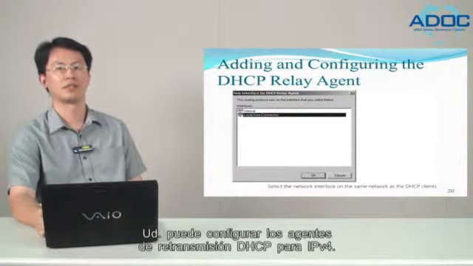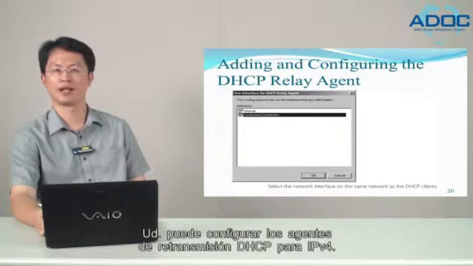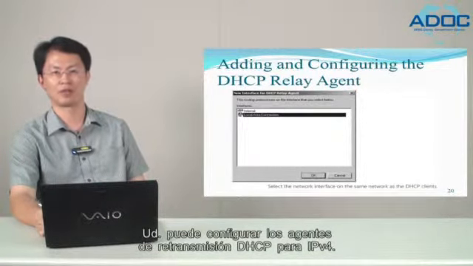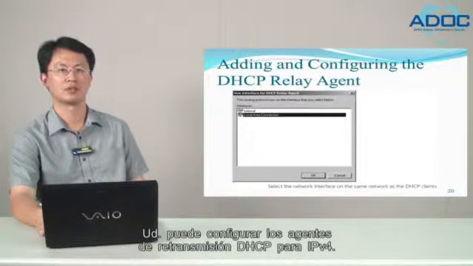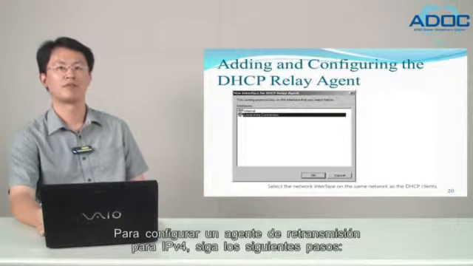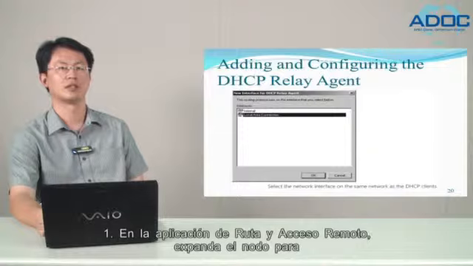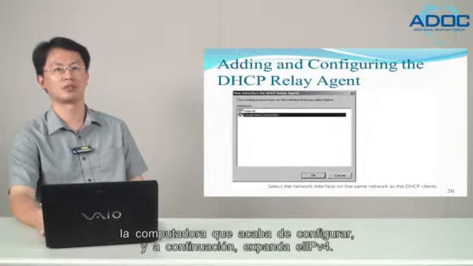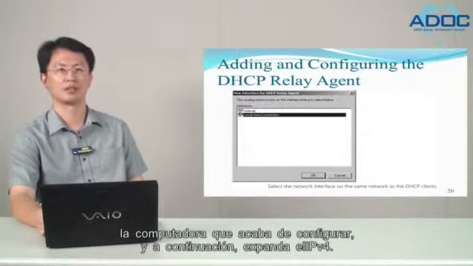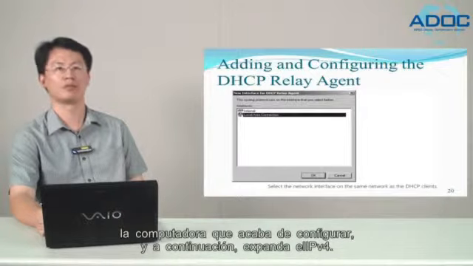And you can configure DHCP relay agents for IPv4. To configure relay agents for IPv4, follow these steps. First, in the Routing and Remote Access console, expand the node for the computer you just configured, and then expand IPv4.